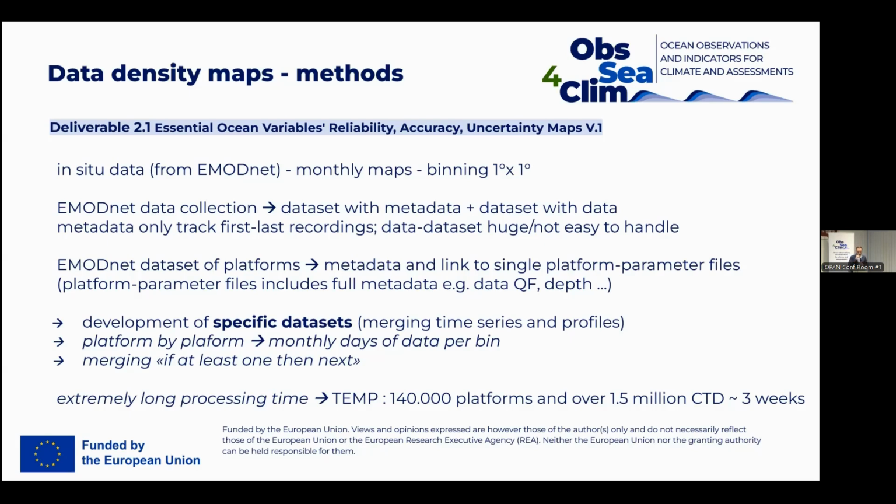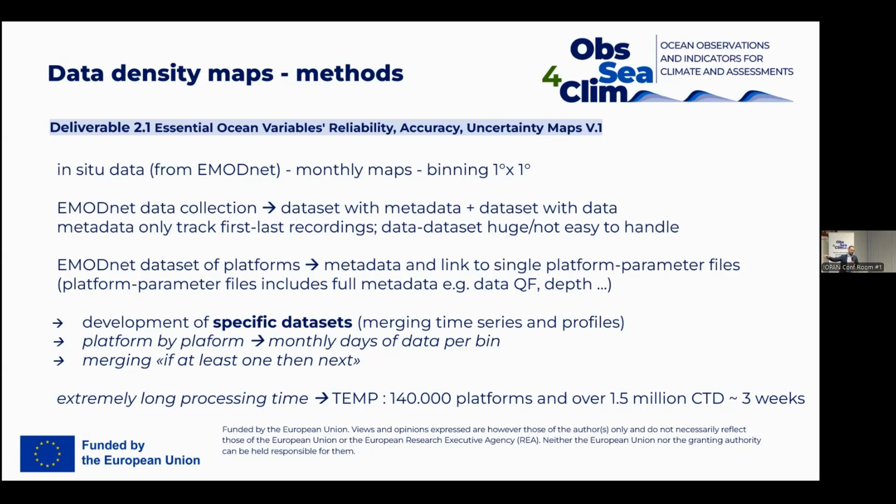And there is also this constraint that we applied as we processed it platform by platform. It means that we made maps for each single platform, so we know which grid cell or which area the platform was covering and when, and then we combine all these maps.